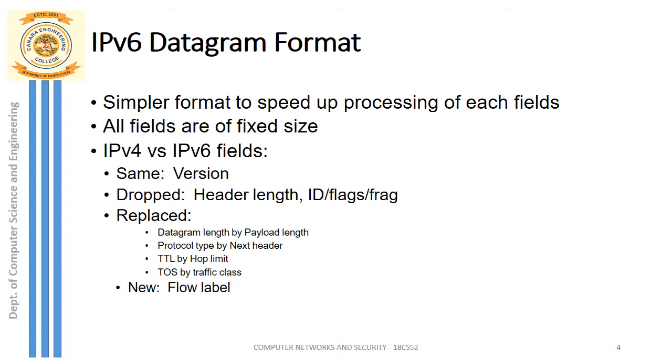Some of the fields like datagram length, that is payload length, next header and hop limit, and also traffic class, are the fields which are added or replaced from IPv4. Those things we will study when we see the datagram format. And one field in IPv6 has been newly added, that is flow label.